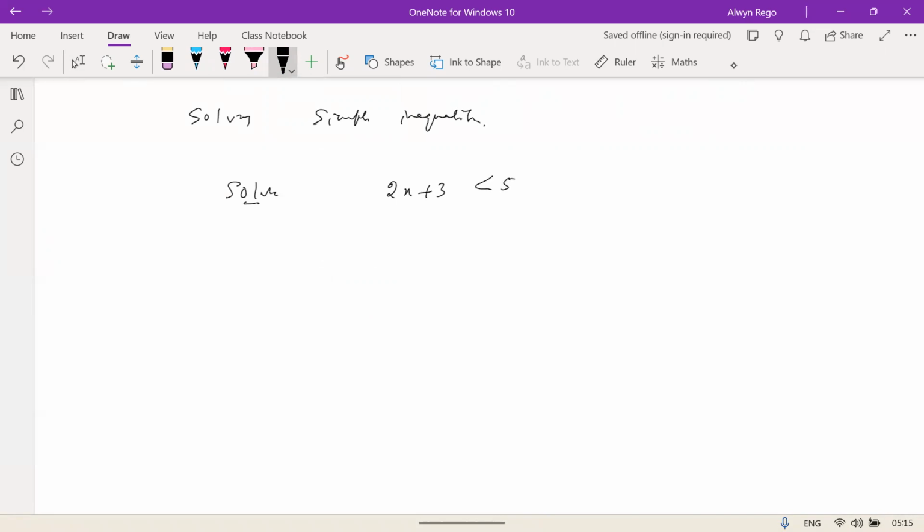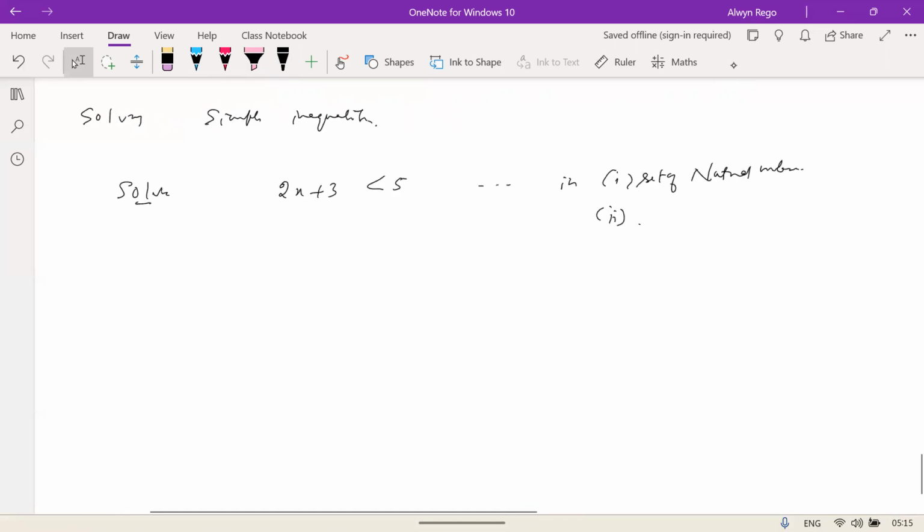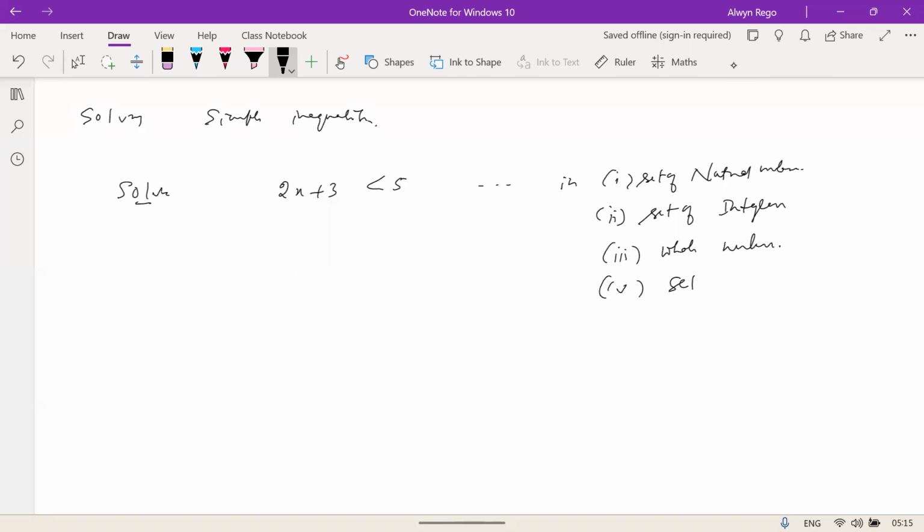Someone says that less than 5, solve in the set of natural numbers, in the set of integers, let's say in the set of whole numbers, and let's say the set of reals or real numbers.